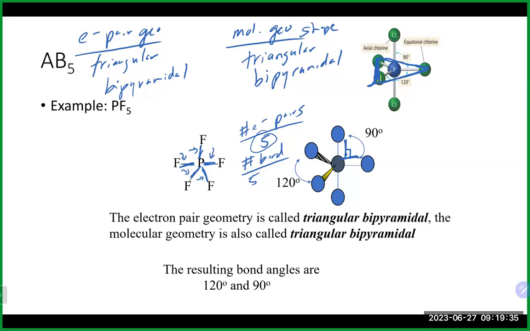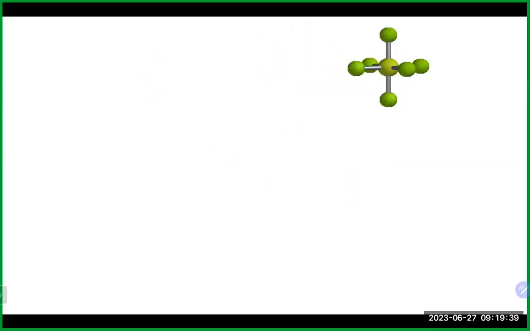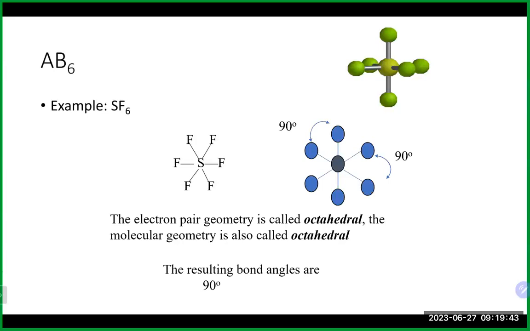The next geometry is also going to be an exception to the octet rule, and that is going to be our SF6 that we drew earlier. Our SF6 here, number of electron pairs has 1, 2, 3, 4, 5, and 6. Number of bonds also going to be 6. 1, 2, 3, 4, 5, and 6.